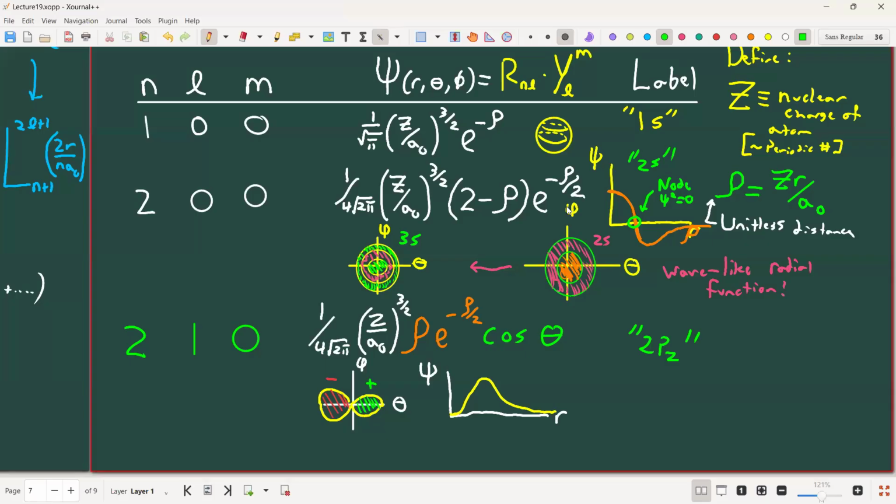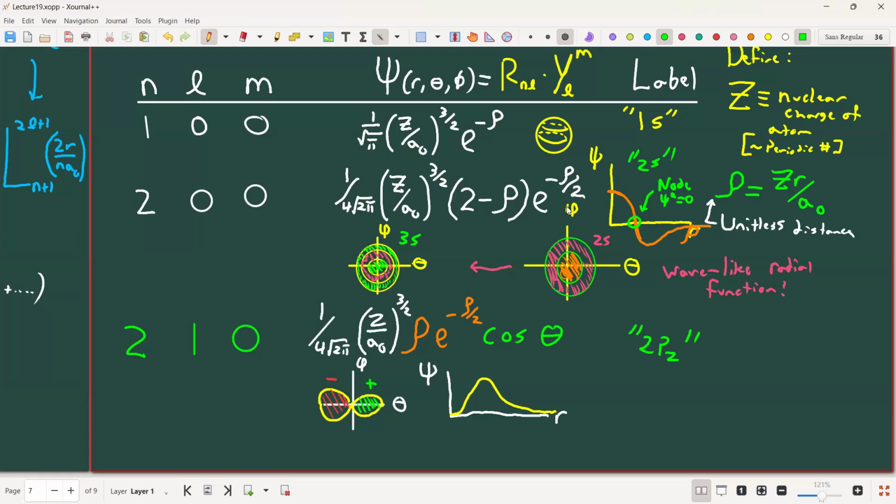When we go to n equals 2, we now include a polynomial that's linear in r. In some sense, the polynomial is to the power n minus 1. So we would expect for the 3s orbital that there would be a quadratic function here, which is true. And what this does is provide some oscillatory behavior to the wave function.